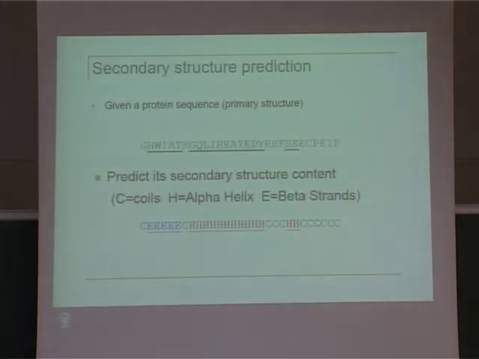So the first problem we are going to talk about is secondary structure prediction, but I'm not going to spend too much time on this problem because the techniques I'm going to talk about are really old techniques which are based on certain statistics about amino acids. For example, each amino acid type has certain preferences to be in certain secondary structures.